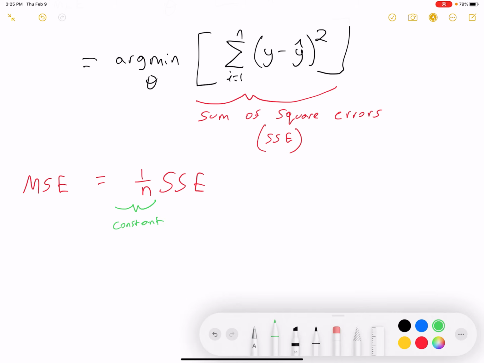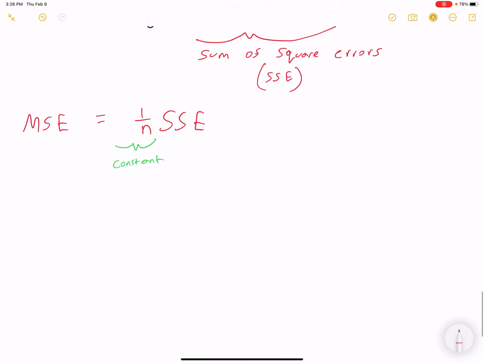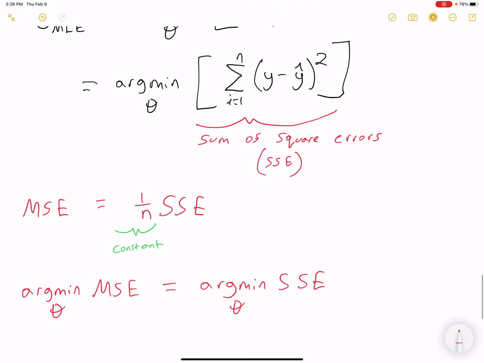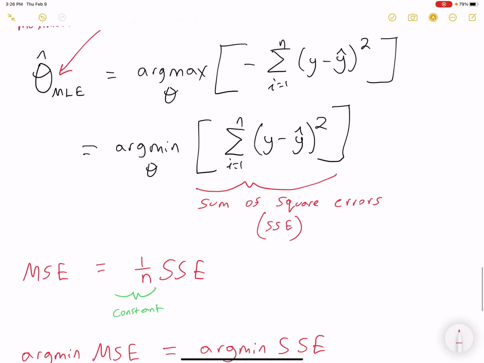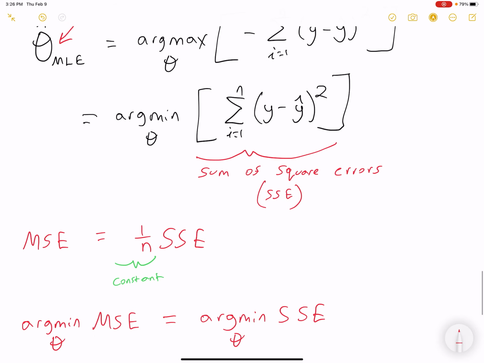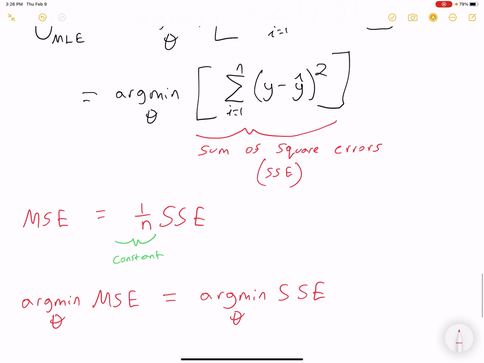So therefore, the argmin over all the parameters of the mean square error is equal to the argmin of the sum of square errors. And therefore, the maximum likelihood estimate is the same as minimizing the sum of square errors.